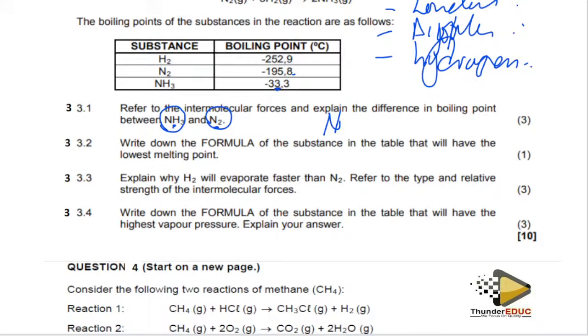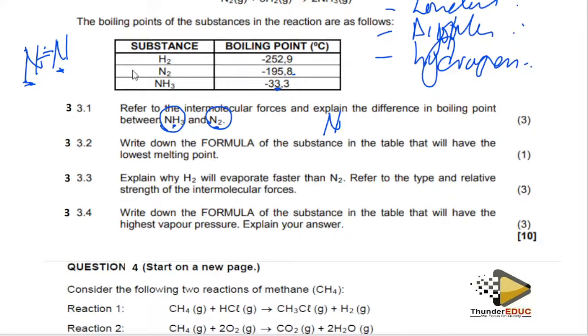So when you look at nitrogen and nitrogen, can this one be a hydrogen bond? No, because we don't have hydrogen there. So it cannot be a hydrogen bond.